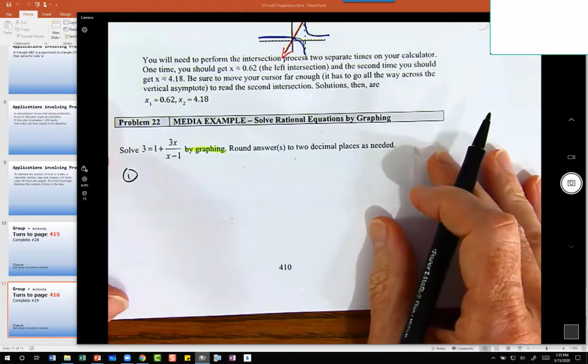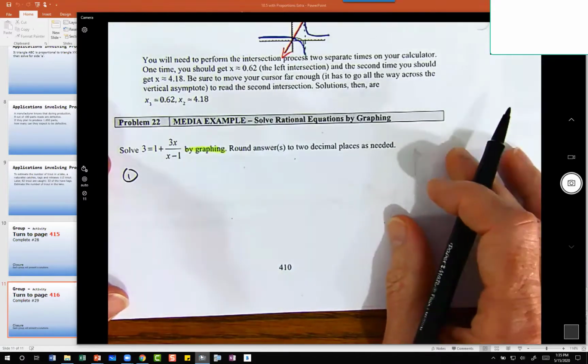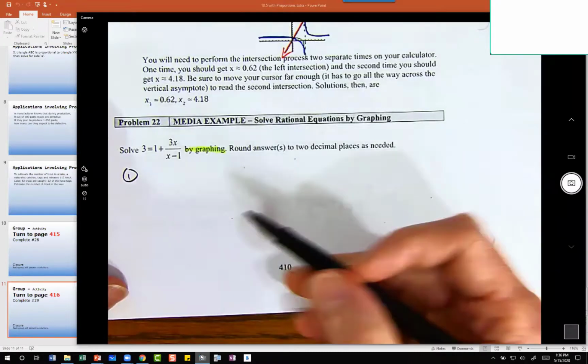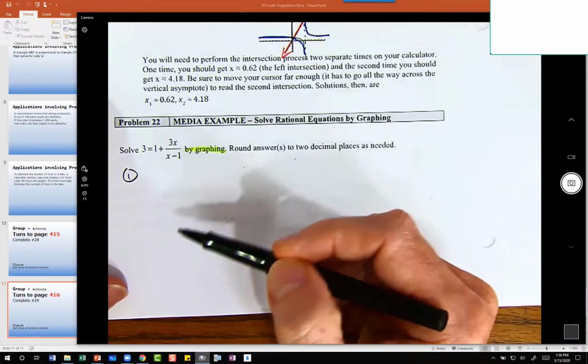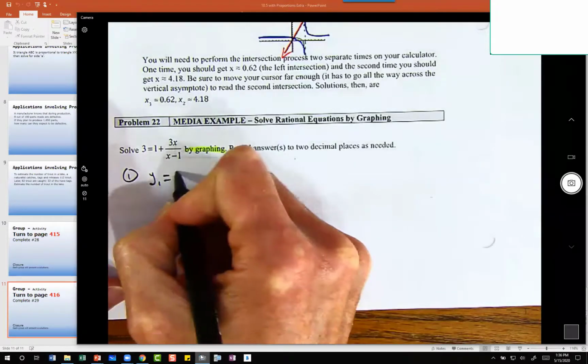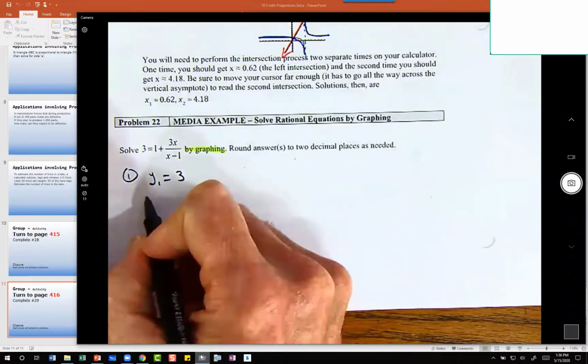Are you talking about plugging those in for y1 and y2? Yes, but more than just plugging them in, writing them down for me on a piece of paper. So if you're turning in your work and showing me your work, I want you to write them down so I see what you're making.